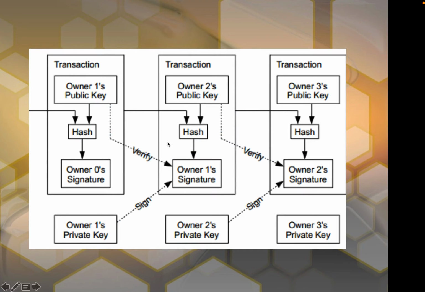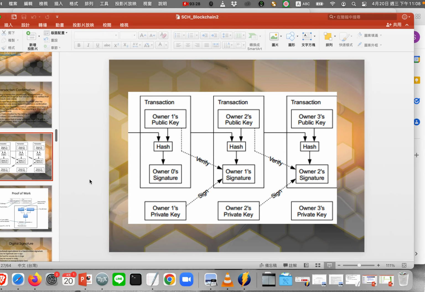So this is the first block of transactions. We know that there are many blocks, and each block contains a lot of transactions. Maybe we could just take a look.